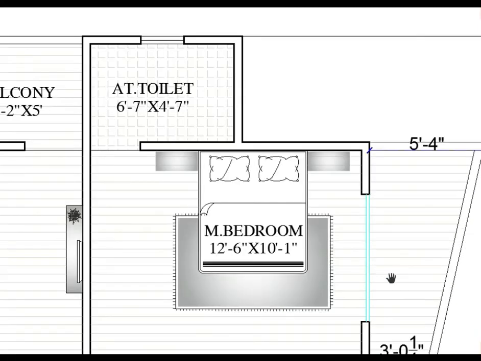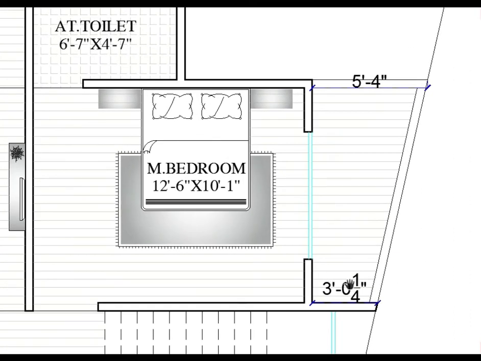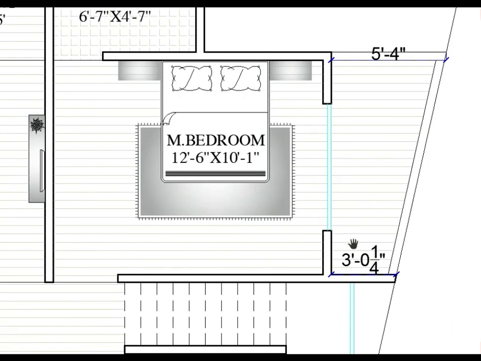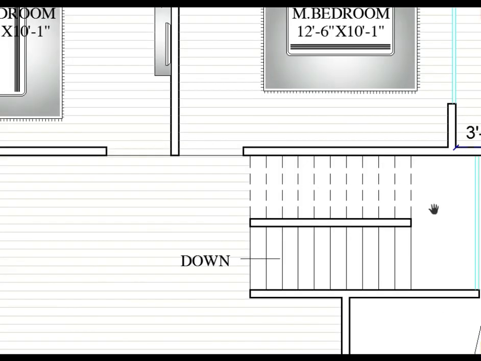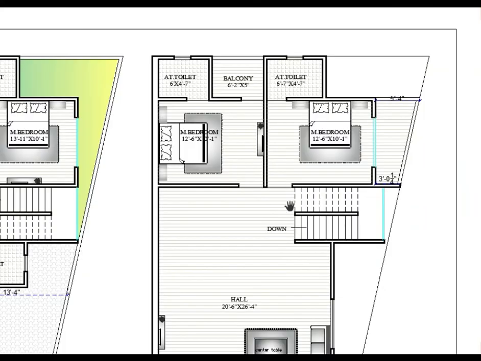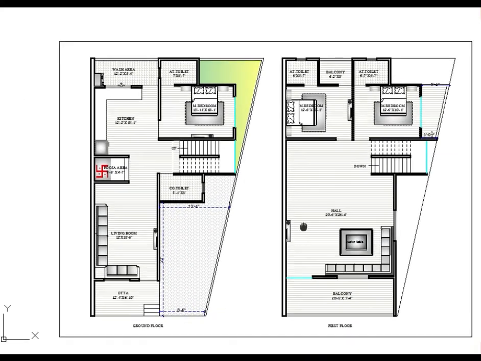This one is the balcony, which is angular. The broad side of the balcony is 5 feet 4 and the narrow side is almost 3 feet. And here we are providing access to the terrace on the upper floor level, but we are not talking about that here.